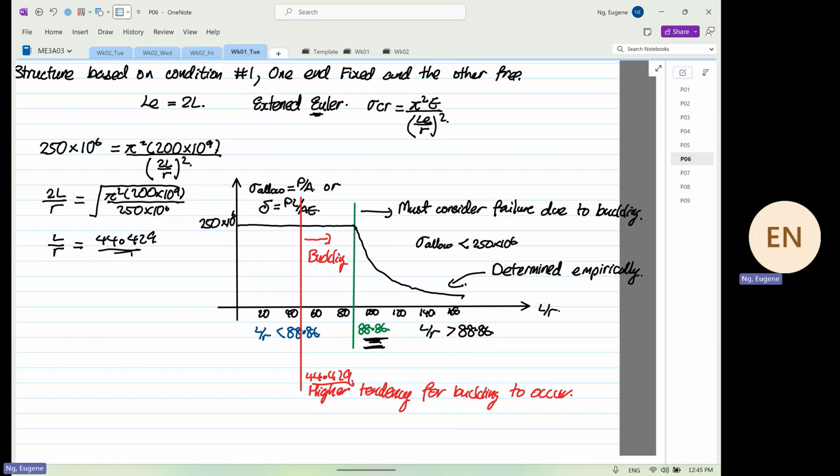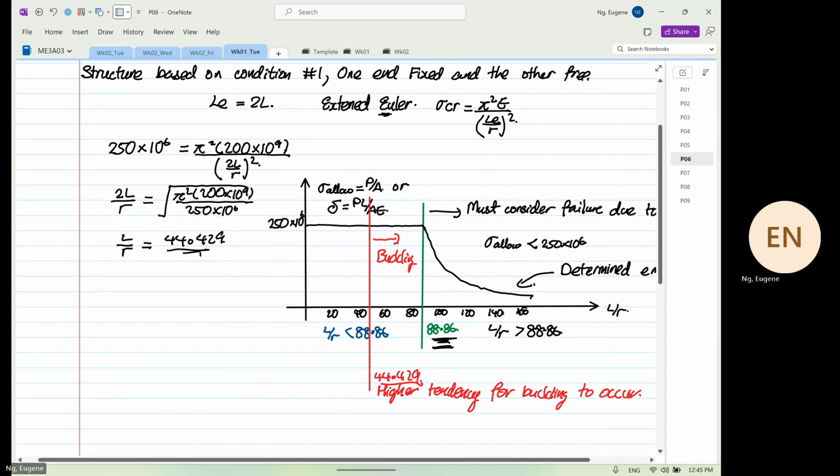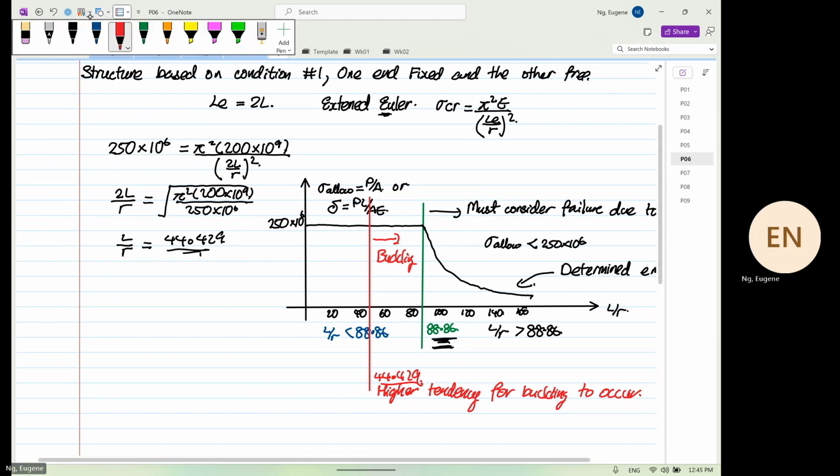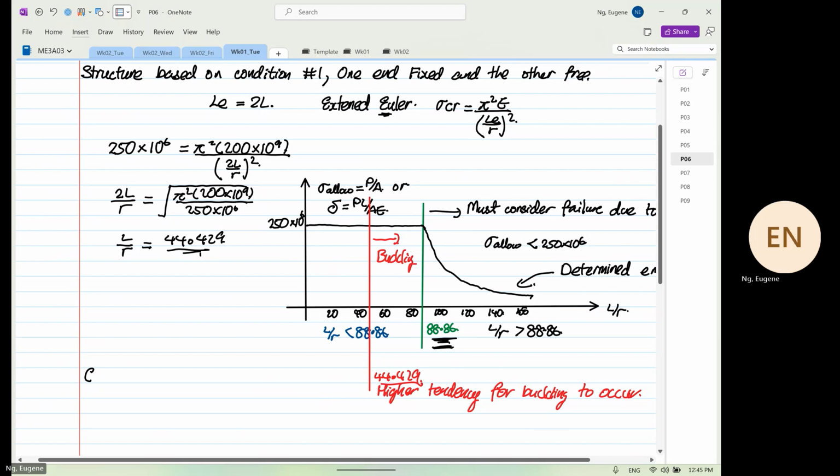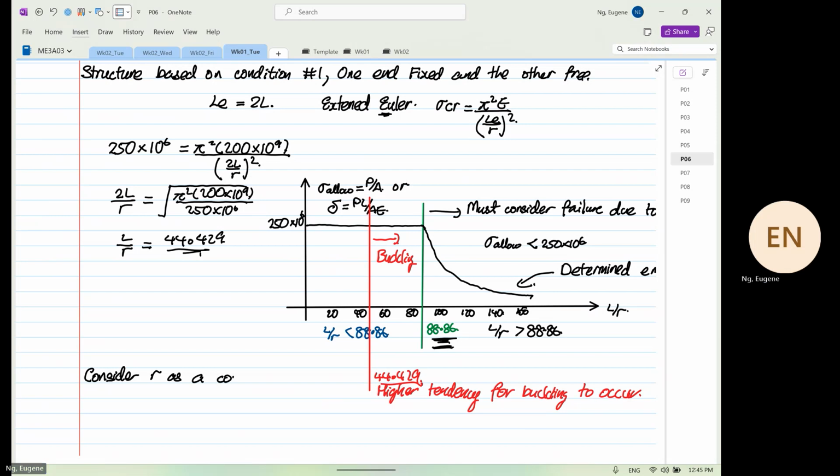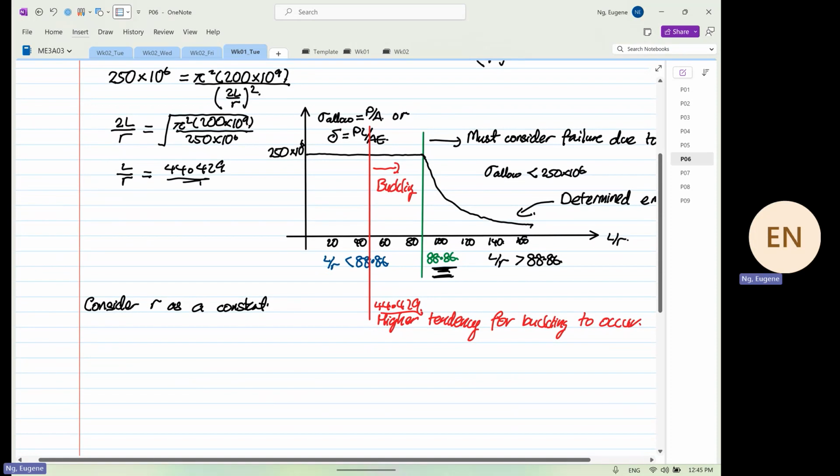Some of you are giving me the stare like, really? Okay, so let's look at this. Let's consider R as a constant. And we know, what's the formula for R?